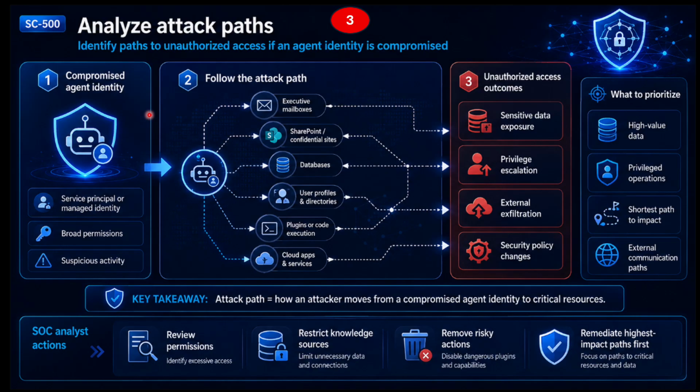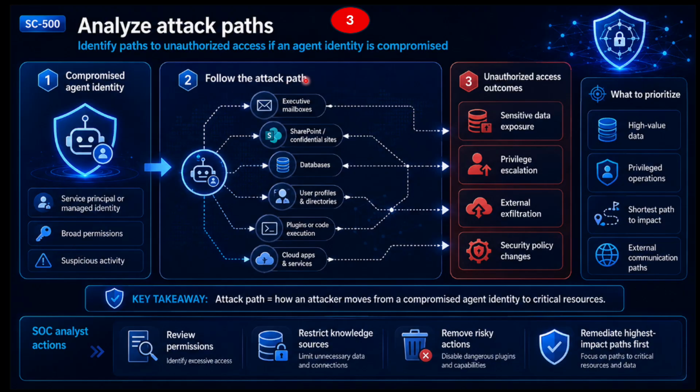So the service principal, the managed identity, depending on the agent, it could be a service principal and managed identity. If it has broad permissions, then you want to look at those permissions and again, just look at suspicious activity within the Microsoft Defender if that's what you use.